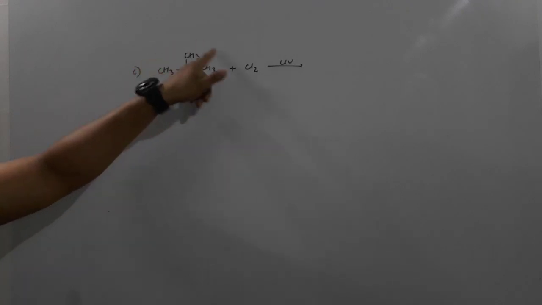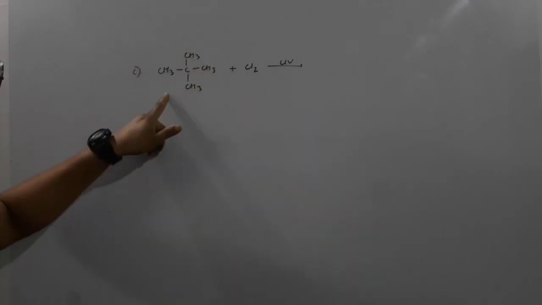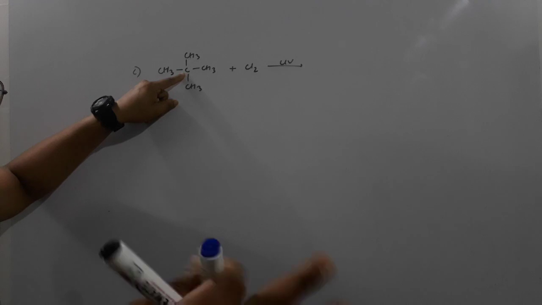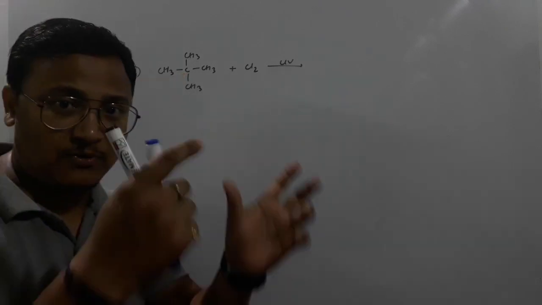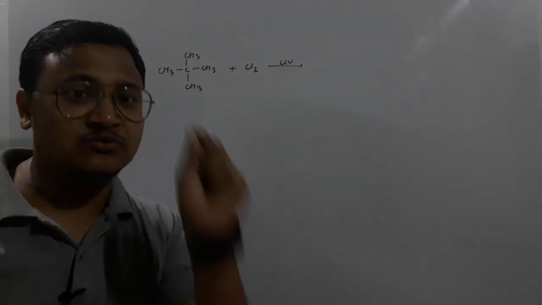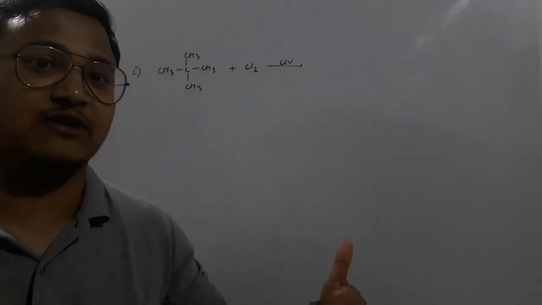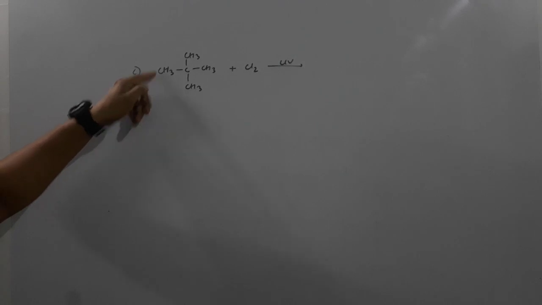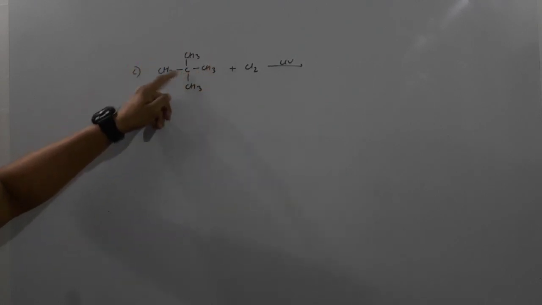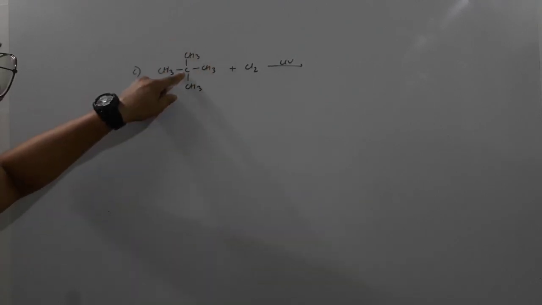So we can have 4. I am having 5 carbons, but this carbon has no hydrogen. To get the product, the carbon should contain at least one hydrogen, because we have to substitute that hydrogen by the halogen atom. But in these 4 CH3 there are hydrogens, while in this carbon there is no hydrogen, so I can't substitute from here. I can substitute the chlorine here.